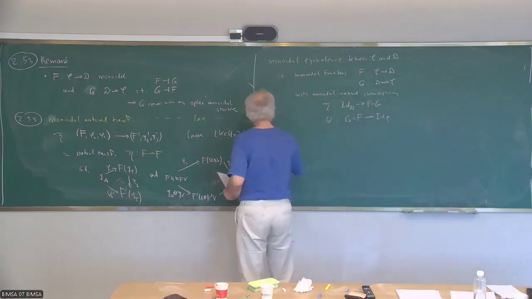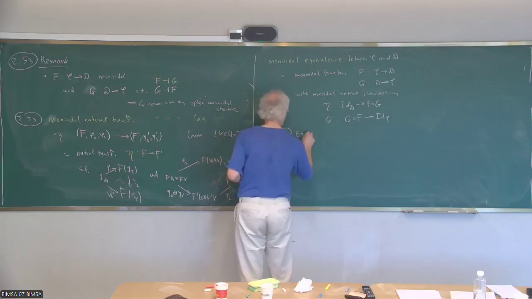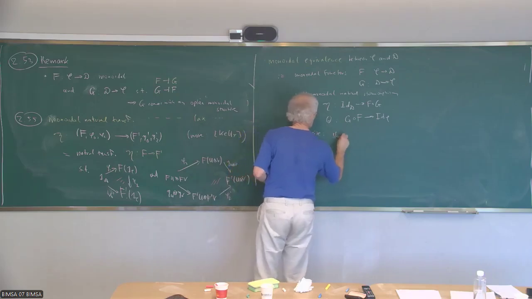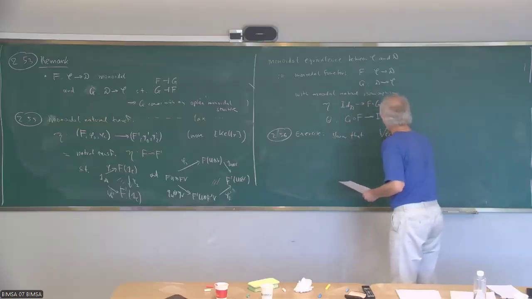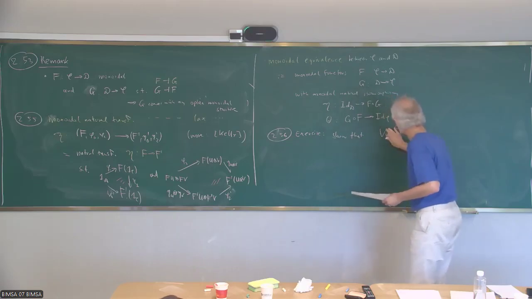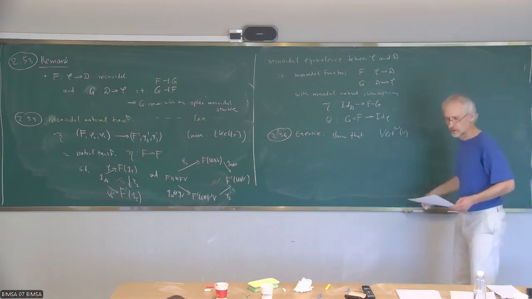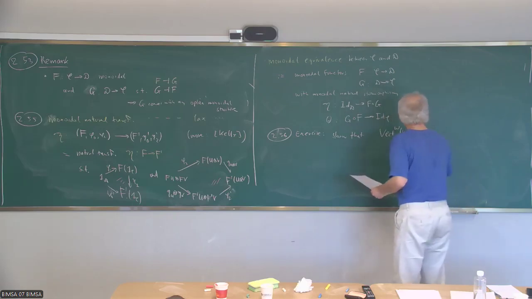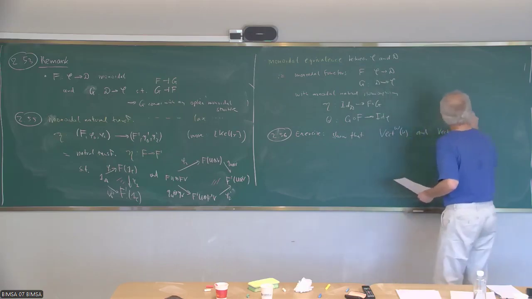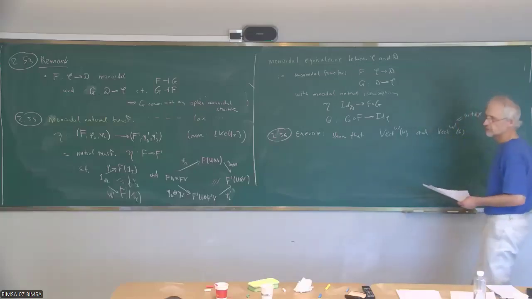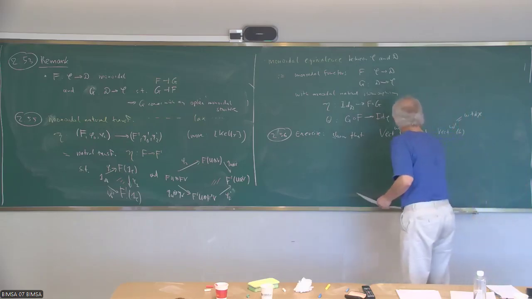And just as an example or exercise, show that the category, which I denoted by Vec_k^omega, which is vector spaces with the associator given by 3-cocycle omega, and the same type of category, but with omega prime, where omega prime is omega plus d chi for some 2-cochain chi, that these are monoidally equivalent.